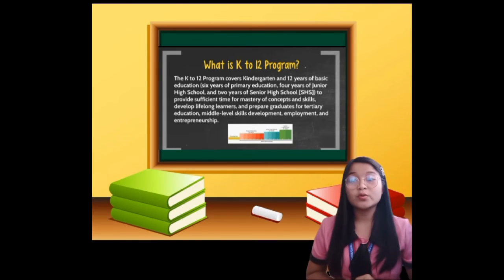The K-12 program covers kindergarten and 12 years of basic education: 6 years of primary education, 4 years of junior high school, and 2 years of senior high school, to provide sufficient time for mastery of concepts and skills, develop lifelong learners, and prepare graduates for tertiary education, middle-level skills development, employment, and entrepreneurship.